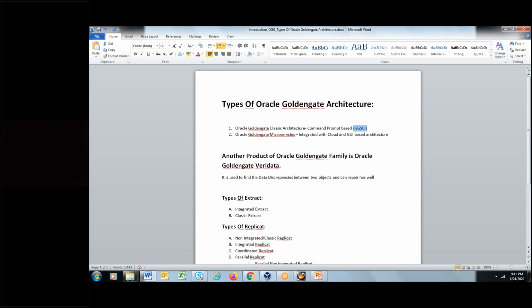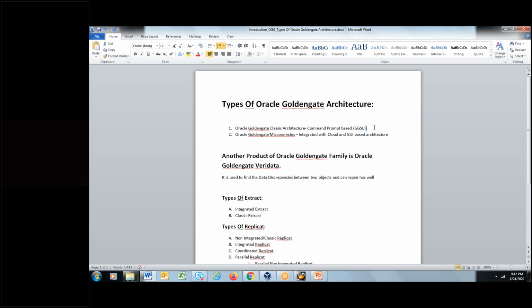So you must have worked on GGSCI. GGSCI stands for GoldenGate Software Command Interface. It's a command line interface, a command prompt based architecture which allows you to set up, configure, and manage GoldenGate through the command prompt. So until 2017, there was only one way to configure GoldenGate, that is through GGSCI.